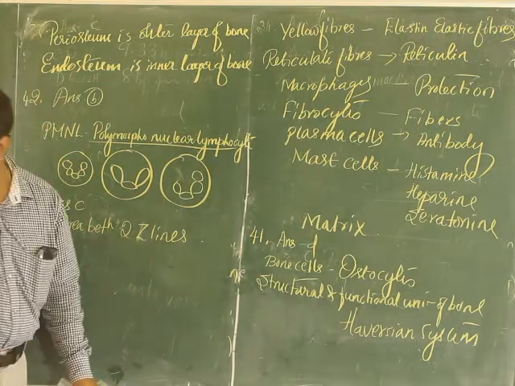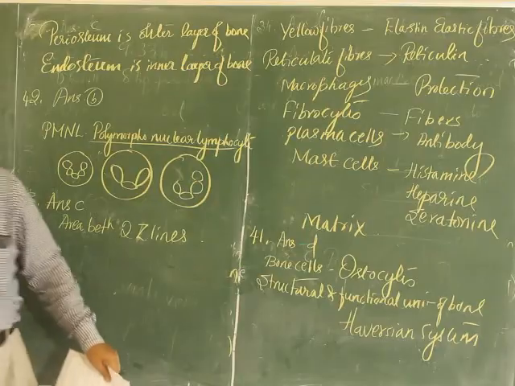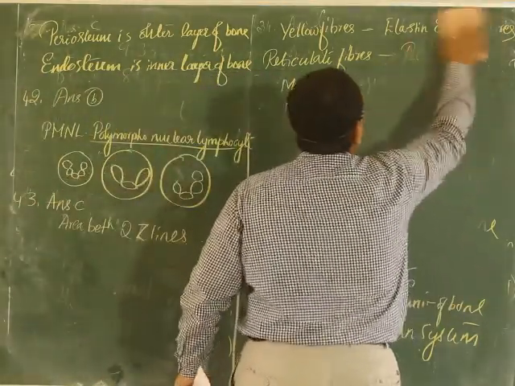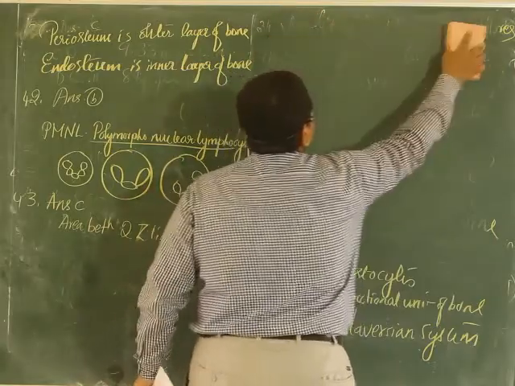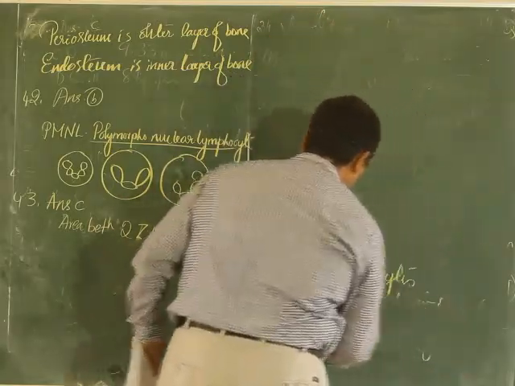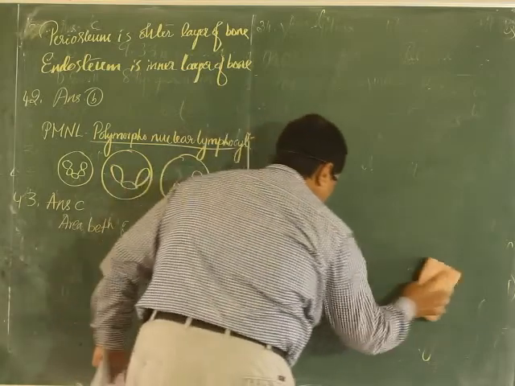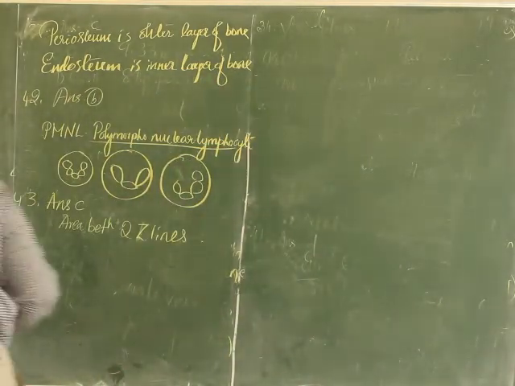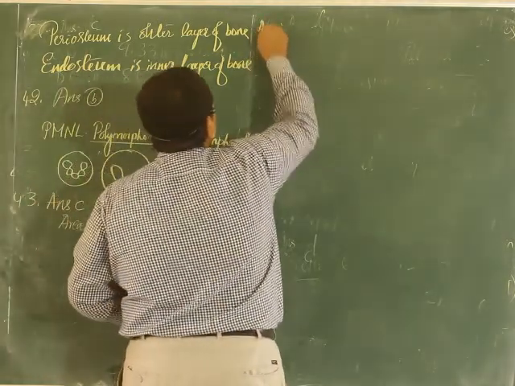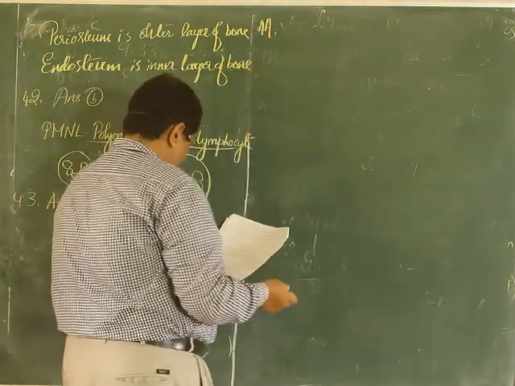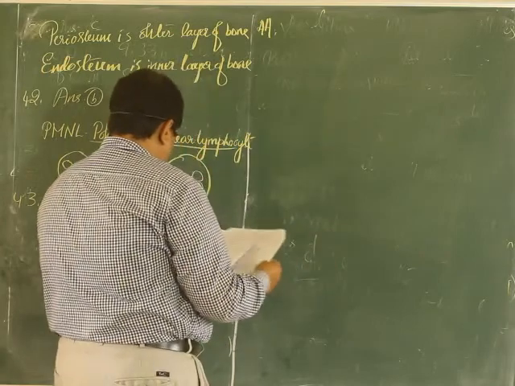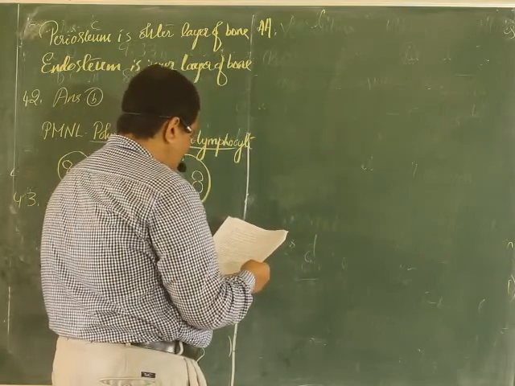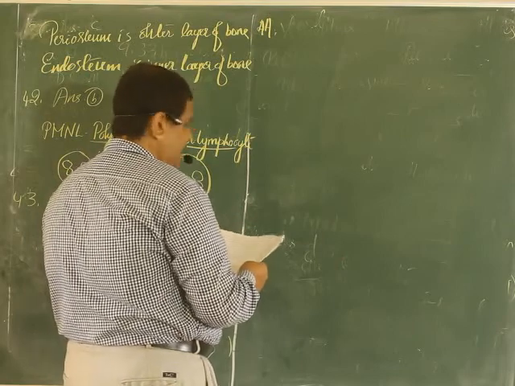Then I'll move to question number 44. In this question, the opening of spermathecae in the earthworm is found in which segment?